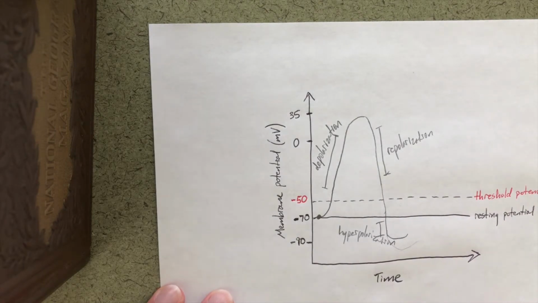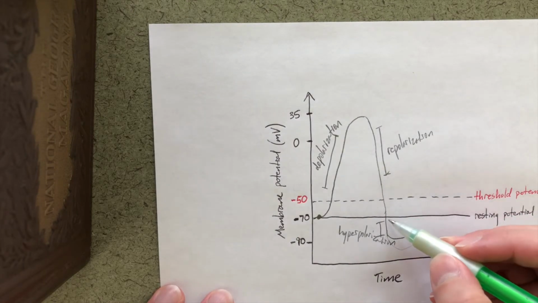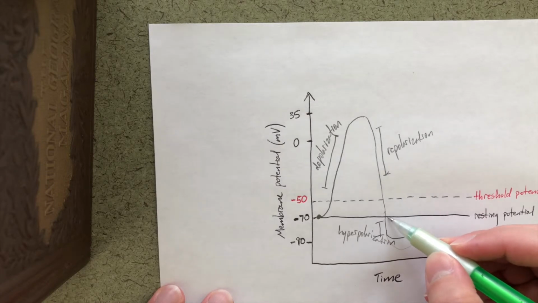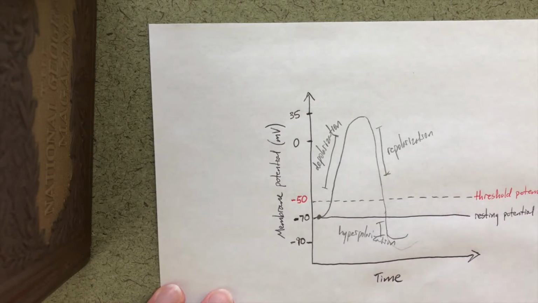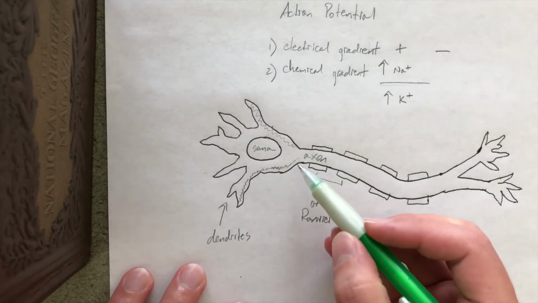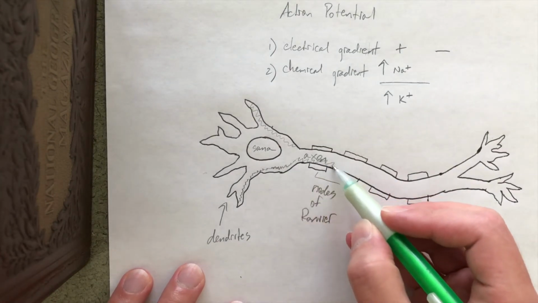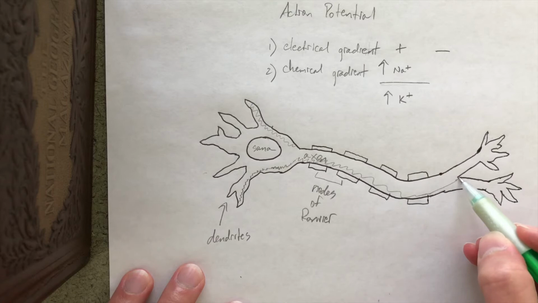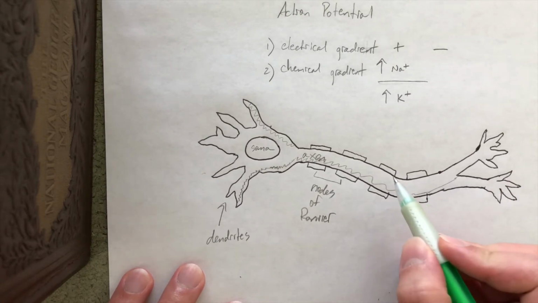And this is actually really important because if you think about it, if we were to repolarize back to the resting membrane potential, the neuron would be primed right away for another action potential. And we actually don't want that. And the reason why is because we want the action potential to propagate all the way down the axon, okay? We want it to move forward. We don't want it to move backward.